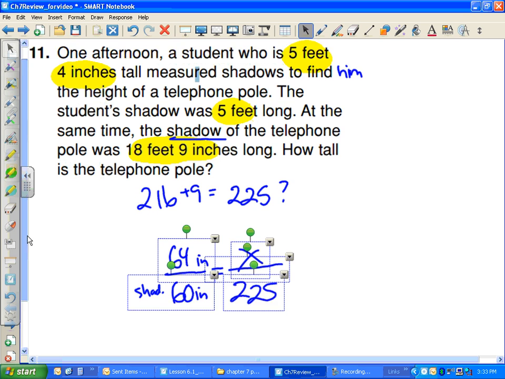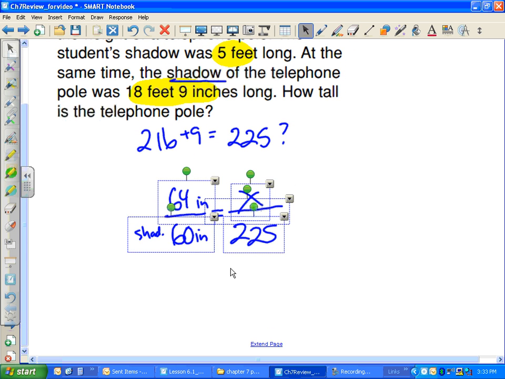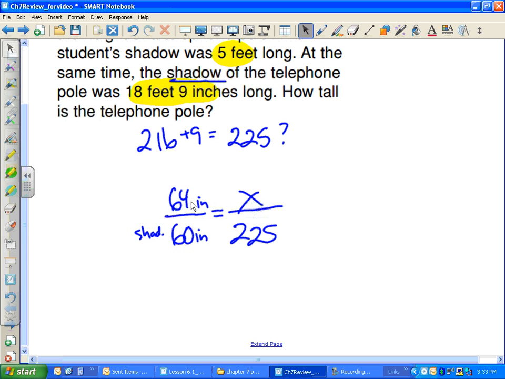And let's finish solving this. 64 times, well, that's too big of a number. Let me reduce this real quick. What's 64 divided by 2? That's 32. I could probably even do 4, can I? What's 64 divided by 4? Yeah, let's do 4. I'm going to reduce this by 4, guys. 64 divided by 4 is 16, and 60 divided by 4 is 15.